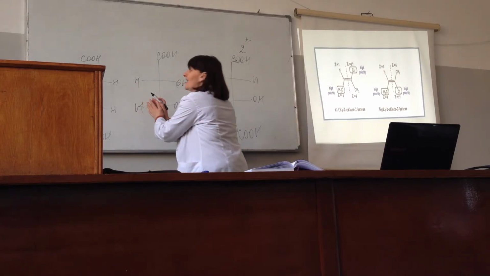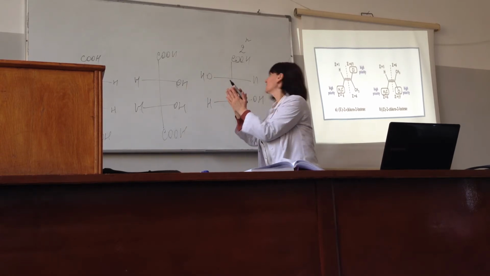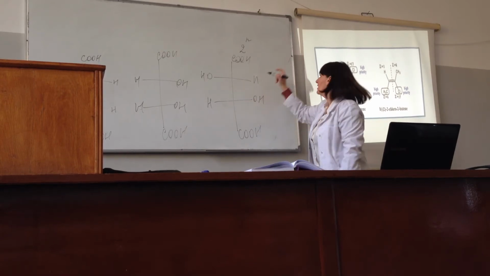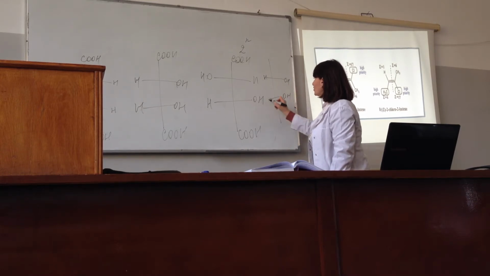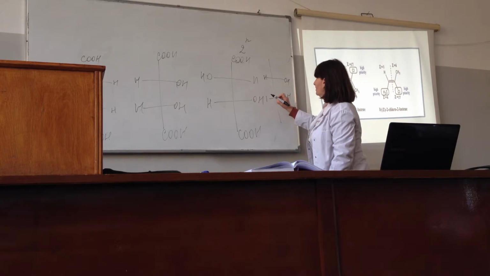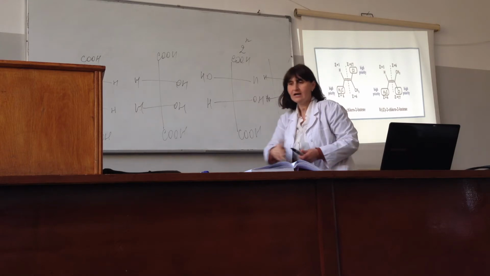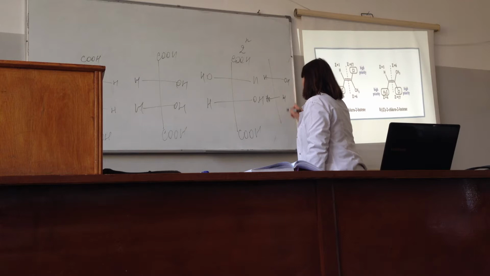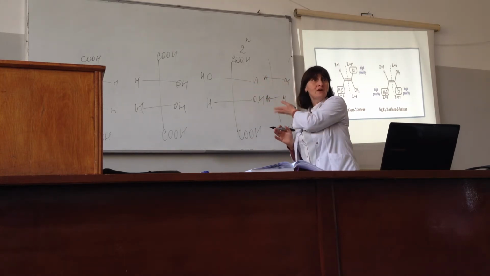These 2 structures are enantiomers and these 2 structures are diastereomers. So if I want to draw the enantiomer for this one, I have to write like this. H, OH, H, OH. And here I have to write H, C, O, H.